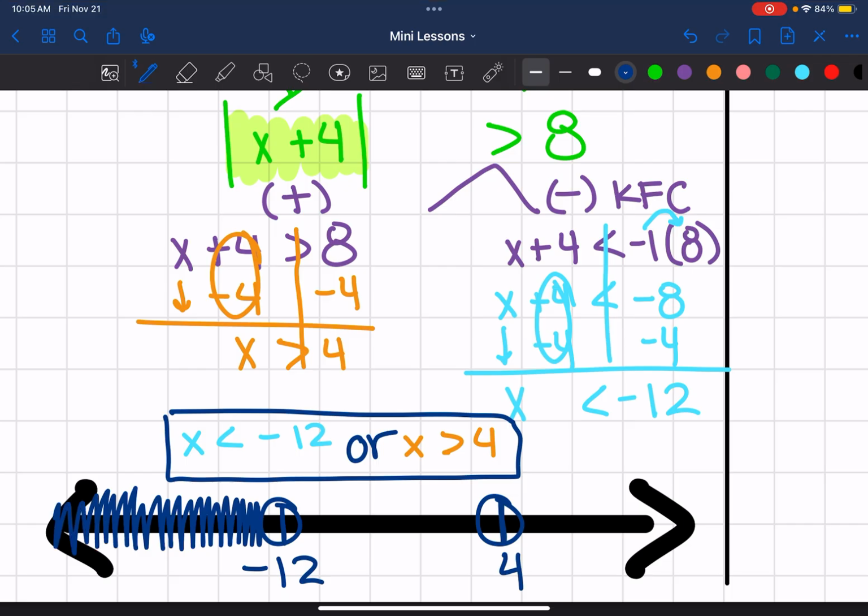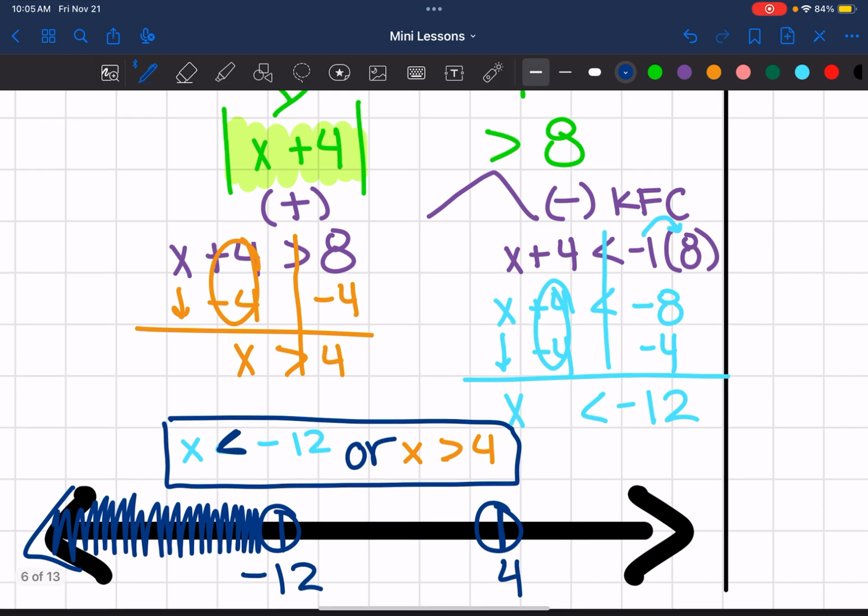So my first shading will be going all the way to the left, and again, this is because it is a less than symbol, left for less than. And then my 4 is a greater than symbol, so we want to go up in numbers, shading it all the way to the right. And then that is our algebraic answer, and then this is our answer on a number line.